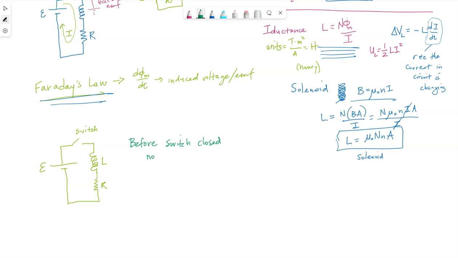there is no current in the circuit. That means there is no magnetic flux.